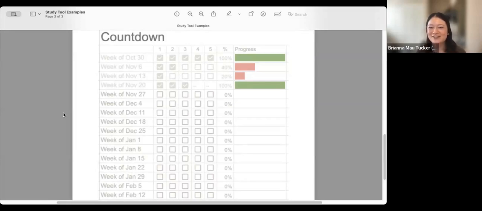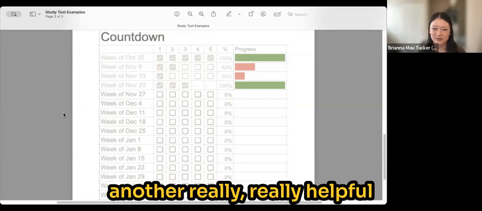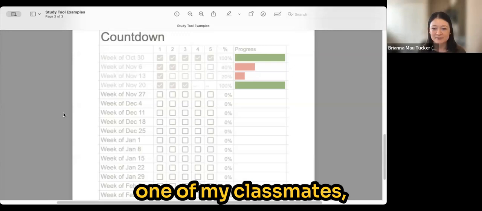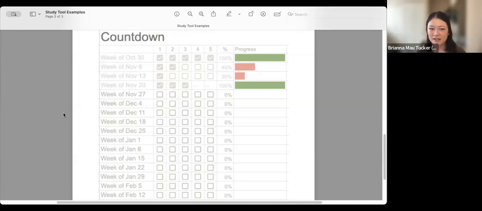And so I was always thinking, well, I don't want my bar to be red or yellow this week, so I have to study today. Which, side note, another really helpful thing I did was study with one of my classmates, Michaela, and having someone just there while I was studying was really helpful for accountability. So, just another tip.